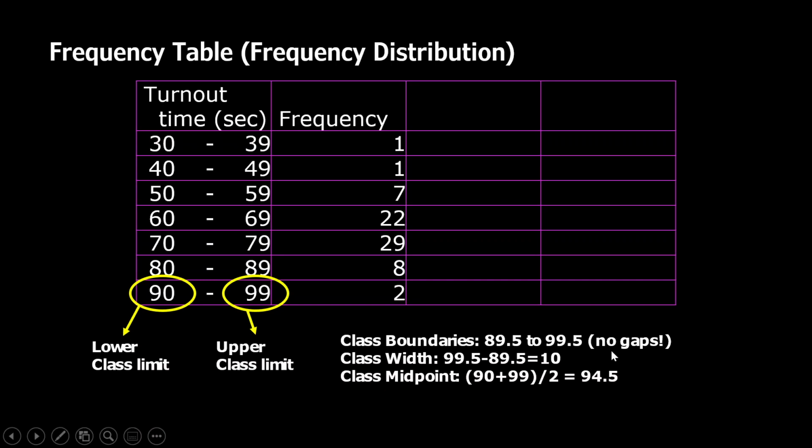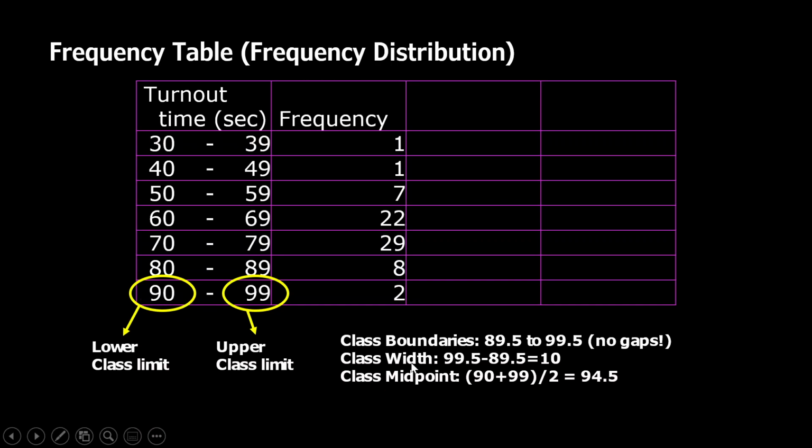So you have to think about this rounding thing. In addition, when you go with class boundaries, there cannot be any gaps. So the upper class boundary, not the upper class limit, upper class boundary of the previous class should be exactly the same number as the lower class boundary of the next class.